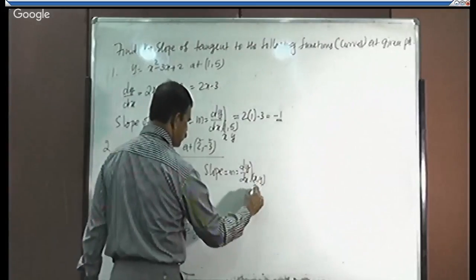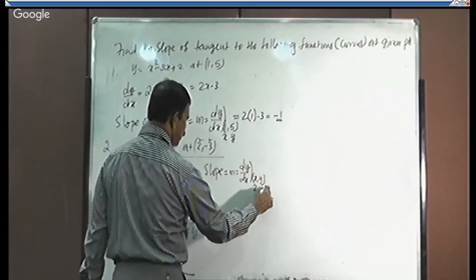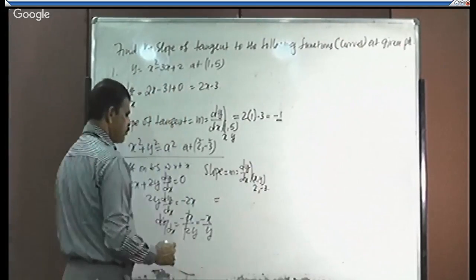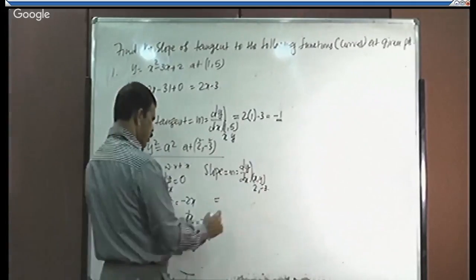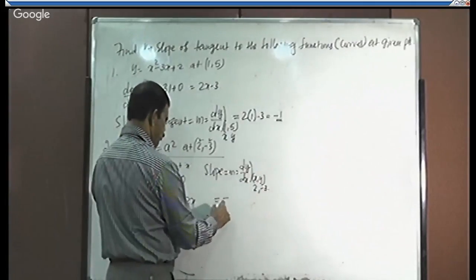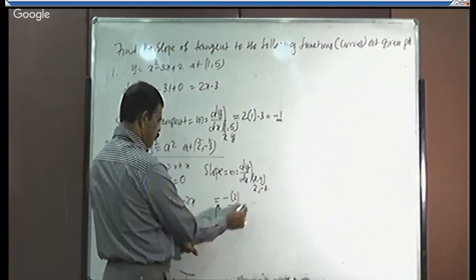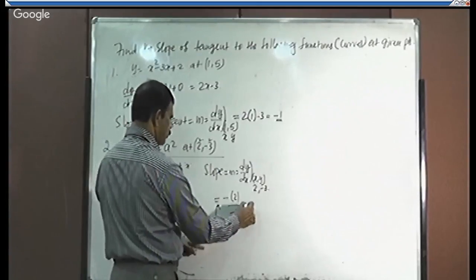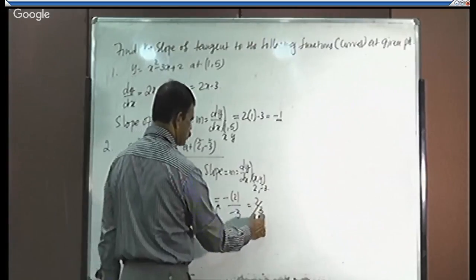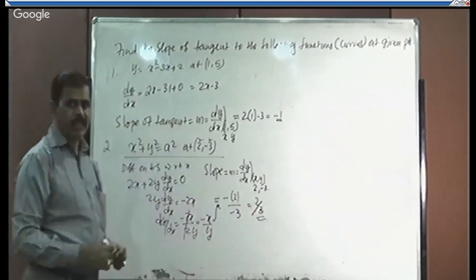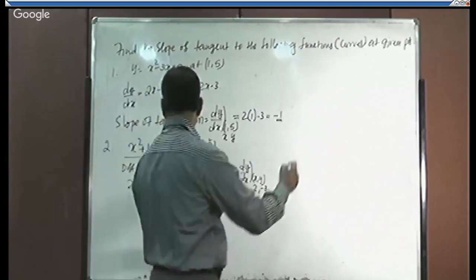That is equal to minus x divided by y, which is 2 divided by 3, right? 2 divided by 3.